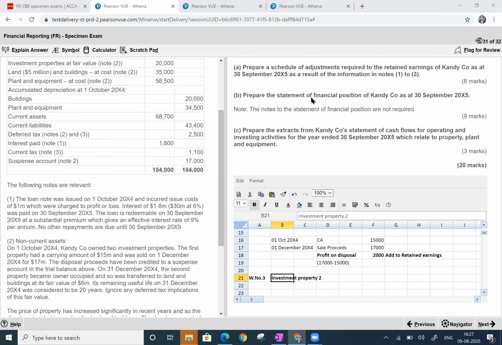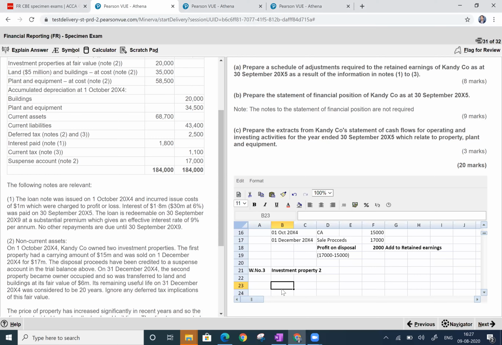Don't confuse: December is not your financial year end. September is your financial year end. Your financial year begins on October X4 and ends on 30 September X5. So on 31st December X4, the second property became an owner-occupied property. Full stop. So there is a change in use. Whenever there is a change in use, what do you have to do?